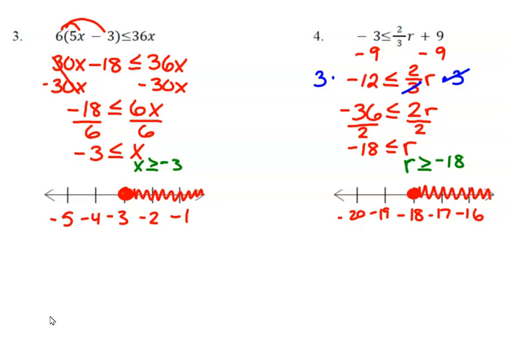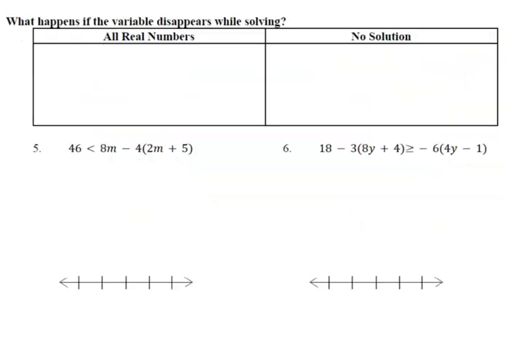If you need more time with examples 3 and 4, go ahead and hit pause. Otherwise, if we look below, what happens if the variable disappears while we are solving? Just like when we worked with equations, sometimes our letter goes away altogether. So what happens then?